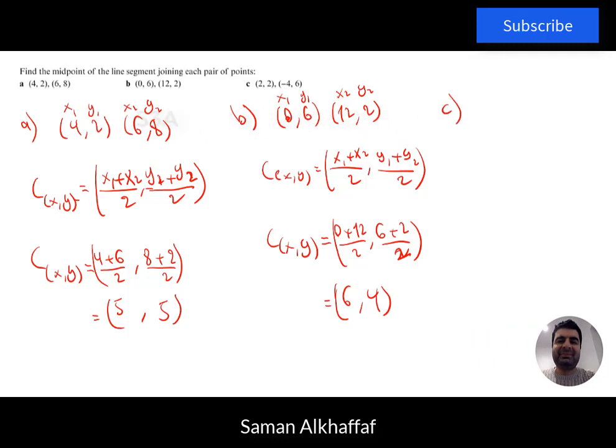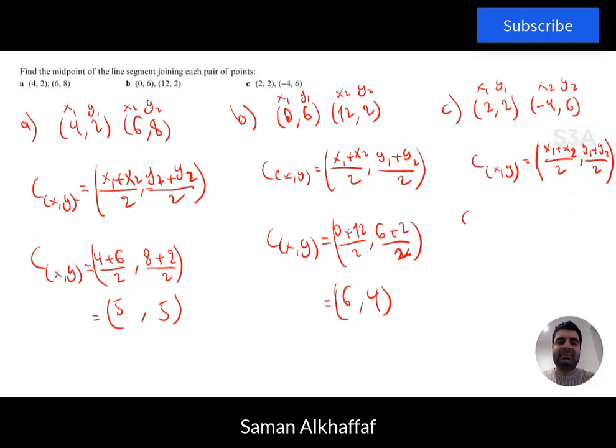For part C, we have the point (2, 2), which is x1, y1, and the point (-4, 6), which is x2, y2. So the center (x, y), which is the midpoint, will be x1 plus x2 over 2, and y1 plus y2 over 2.